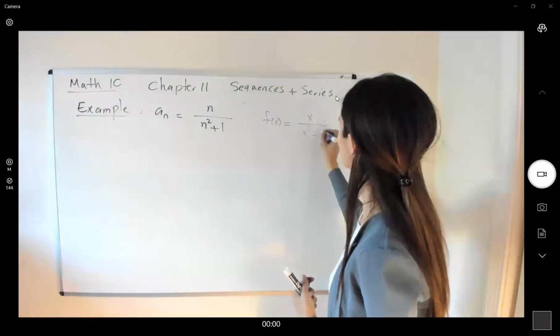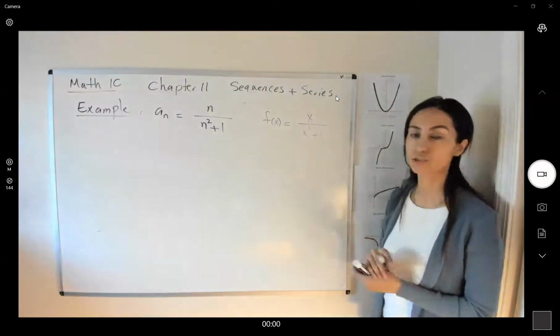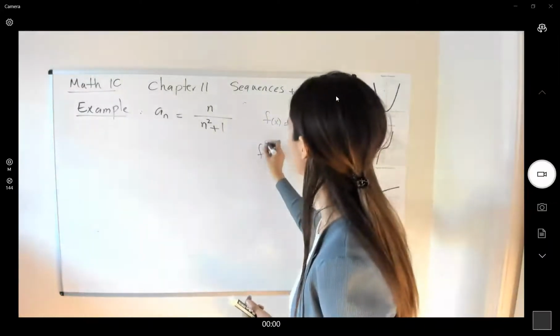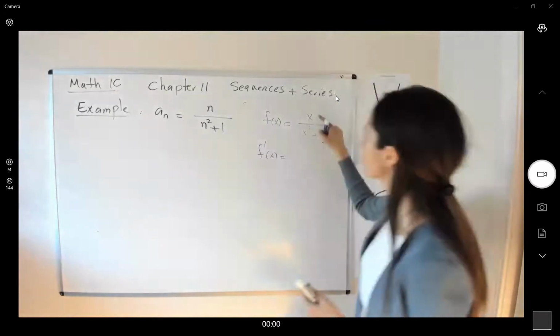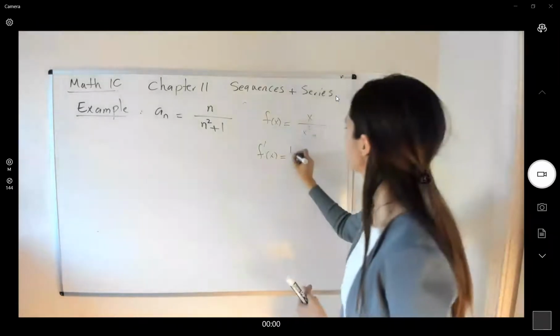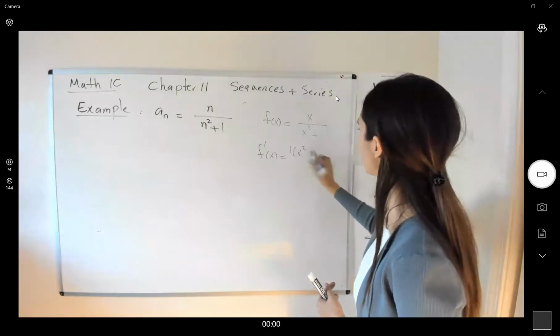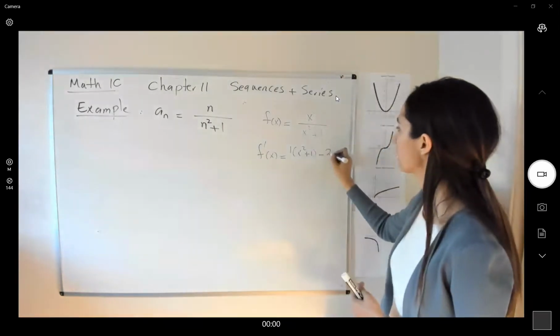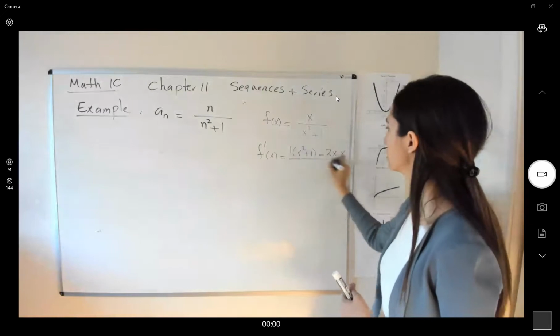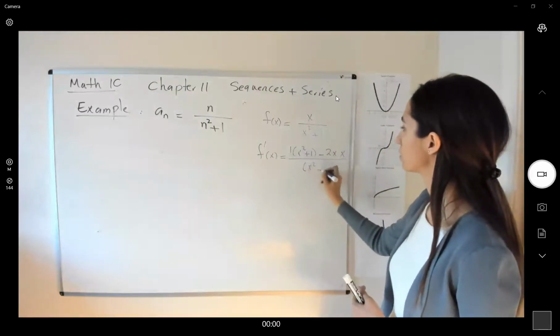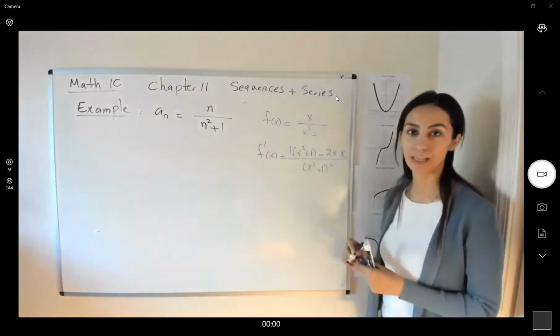Let's take the derivative of this function, applying the quotient rule. The derivative of x is 1, times x squared plus 1, minus the derivative of your denominator, which is 2x, times x, divided by x squared plus 1 raised to the second power.